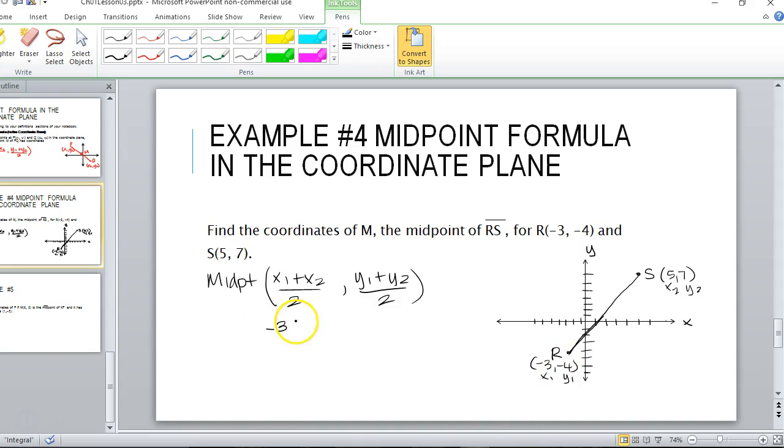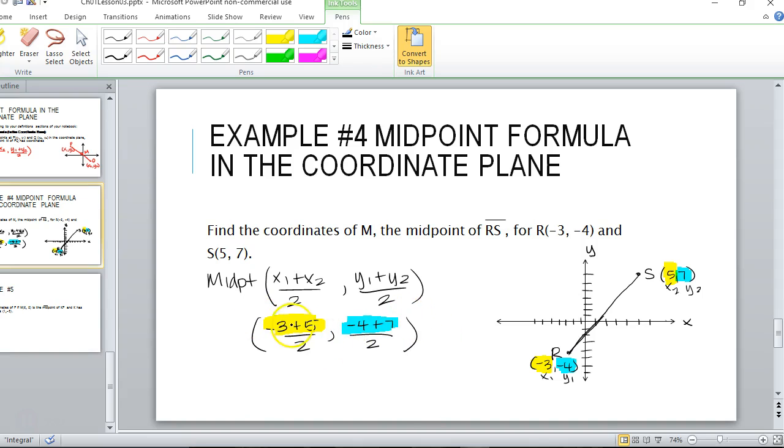All right, let's go. So (-3 plus 5) over 2, taking my x-coordinates, and then let's take the y-coordinates. So that would be (-4 plus 7) over 2, y1 plus y2 over 2.